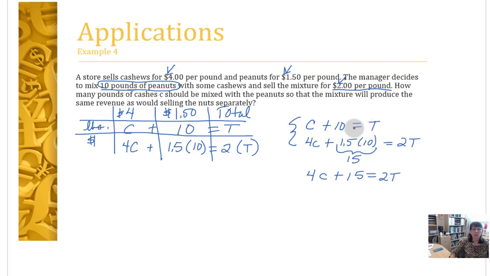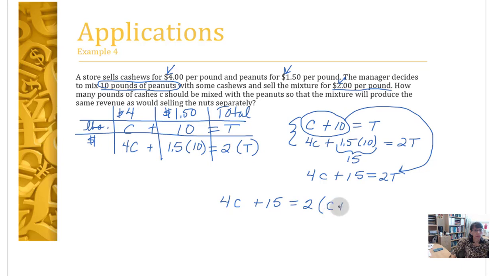Now we can see from the first equation it's already written in terms of T, so we can take C plus 10 and substitute that for T in the second equation. Now we have 4C plus 15 equals 2 times this new value of T. C plus 10 is that new value.